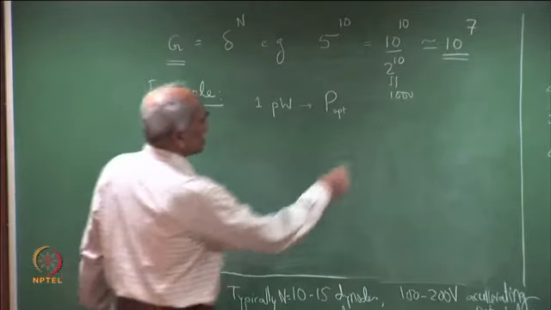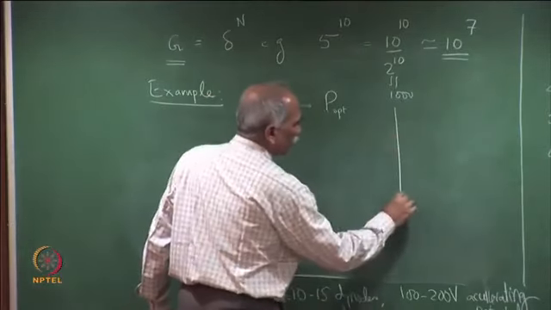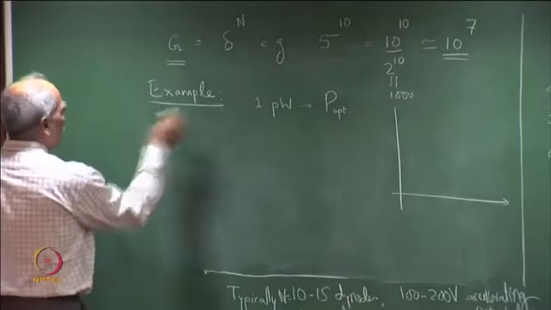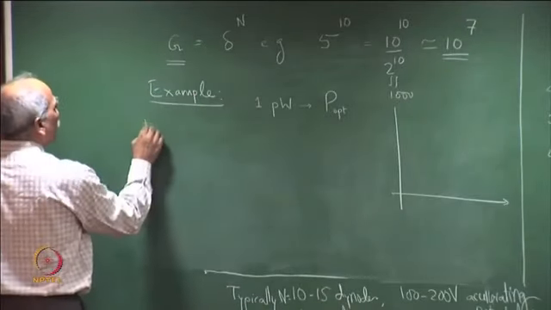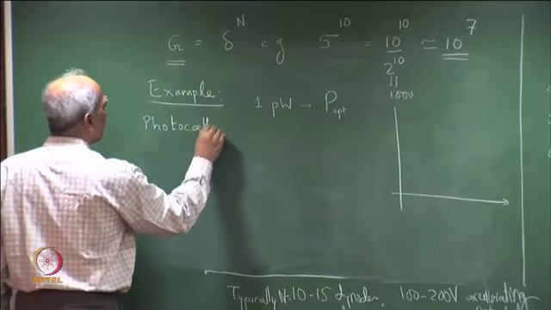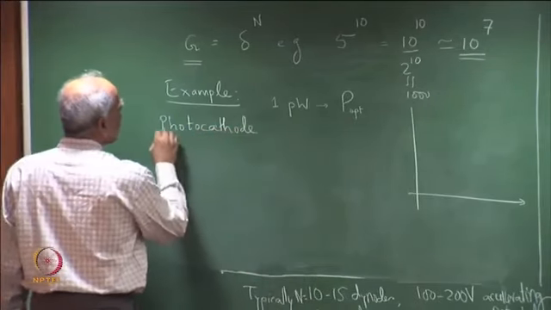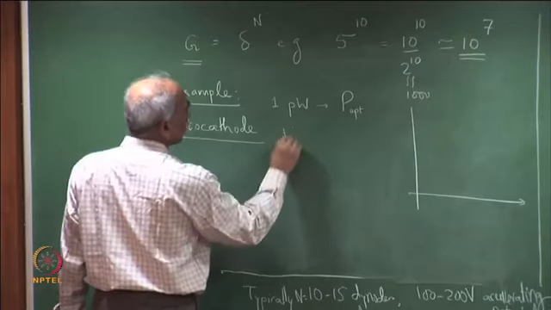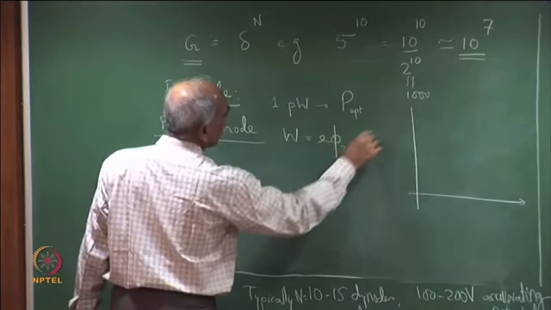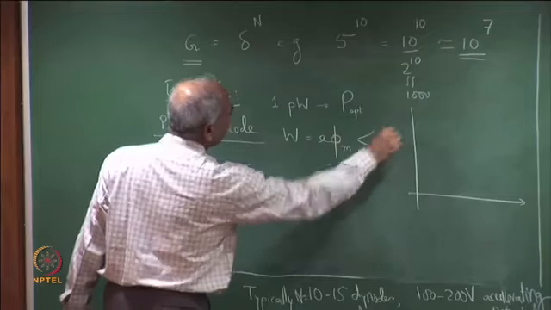So, the typical responsivity of the photocathode material. Before I continue with the example, let me talk about the photocathode materials. The photocathode must have work function W or E phi m, which should be less than h nu.